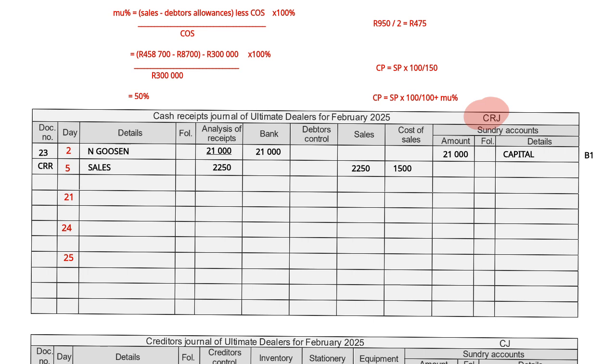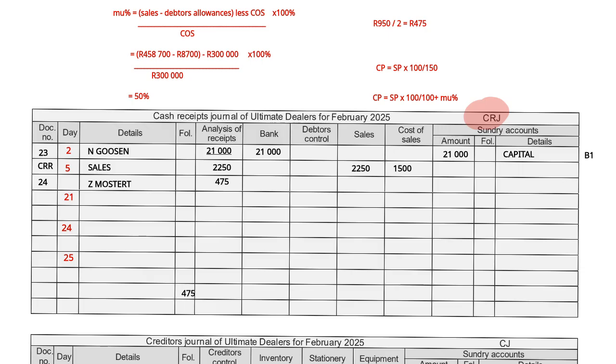Well, we're going to follow on from our previous document number. So if our previous number was 23, we are now going to use document number 24. The day is still the 5th. Our details is Z Mustard. In analysis, we are going to put 475.